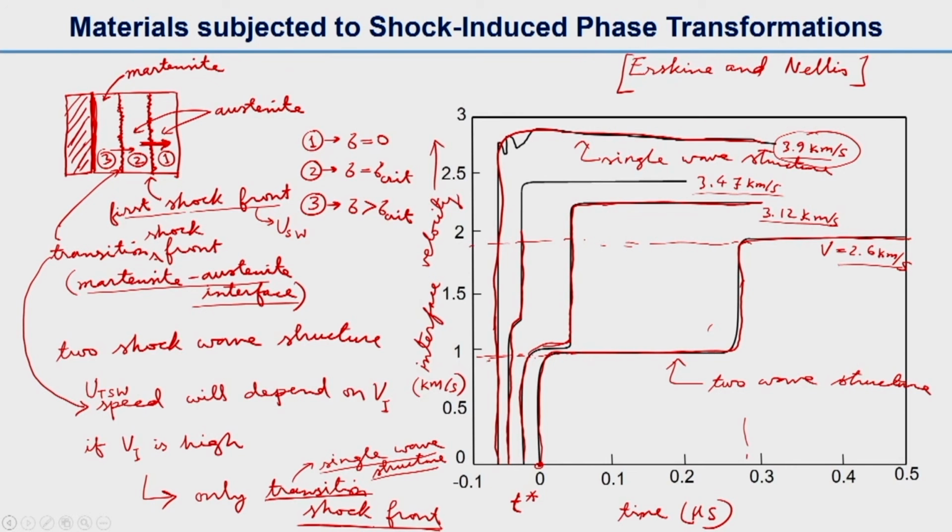So, we have discussed different phase transformations. We have discussed phase transformation of iron, then carbon phase transformation from graphite to diamond, and then we even discussed the two wave shock wave structure, which we also discussed in an earlier class.